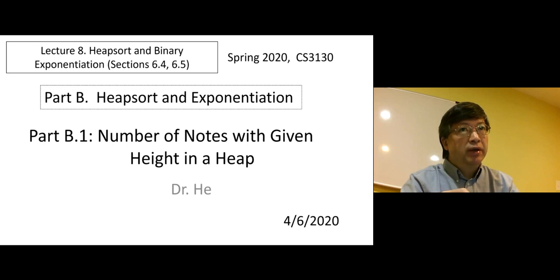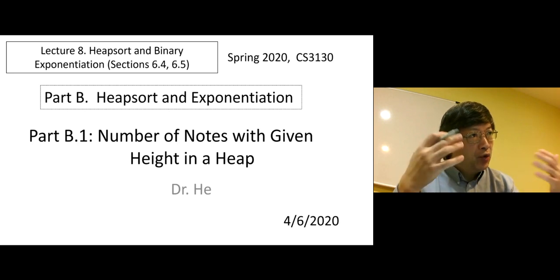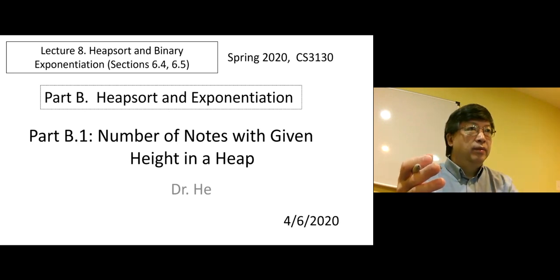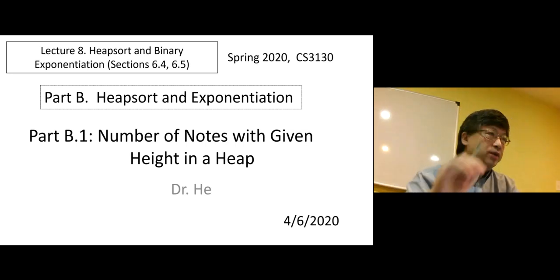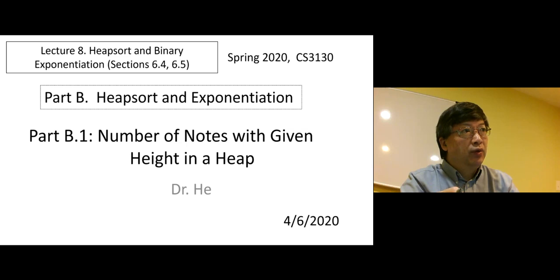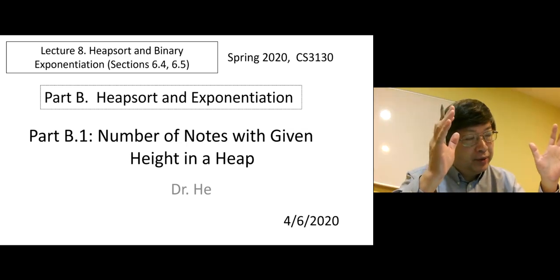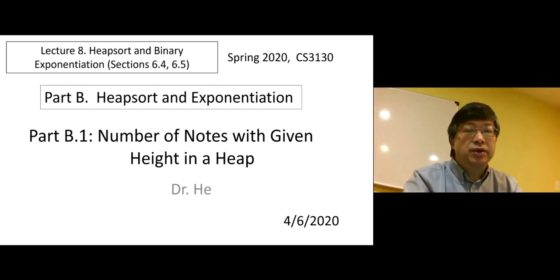Because at the beginning, in the introduction part, we said we want to find a sorting algorithm that satisfies several special requirements. So we need to get those requirements in the heap sort.